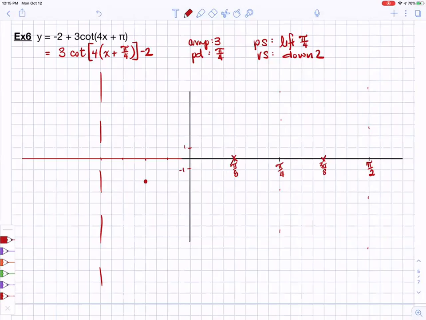The next asymptote, backwards 8 blocks, that's going to land right on top of my y-axis. X-intercept, backwards 8, down 2. And then the last asymptote, backwards 8. Cotangent graph, uphill or downhill? Yeah, it's downhill.